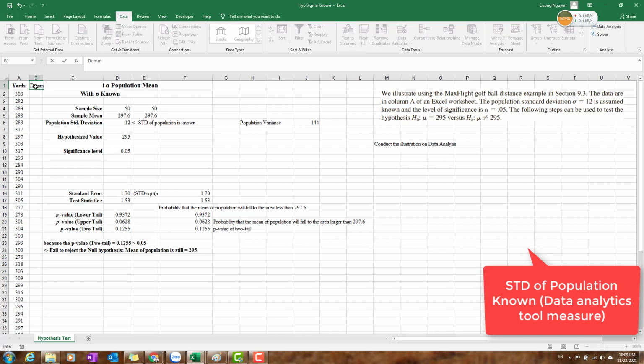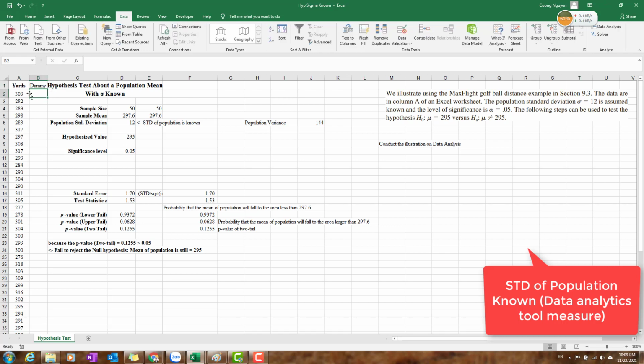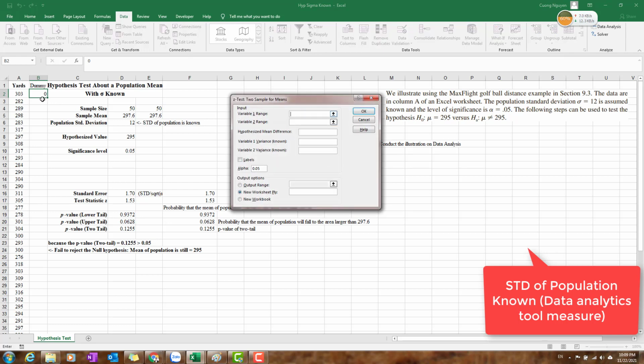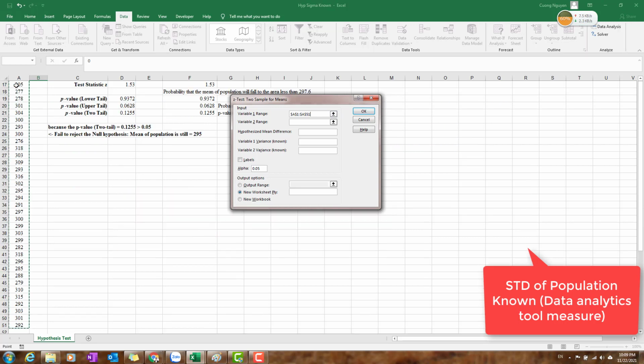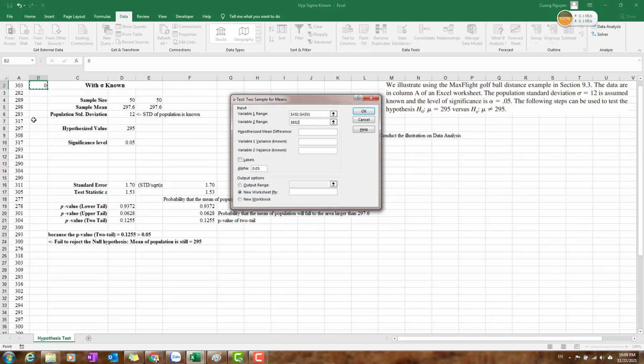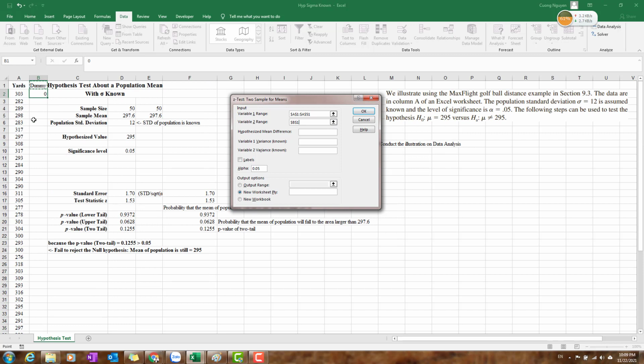So this can easily be solved by creating another dummy variable, and you just put in 1 and 0 numbers only, and we assume the variation of this one will be very small. Now let's go and conduct it. Z-test, right? Variable 1 will be our main variable. Variable 2, just make it up and use the dummy variable.